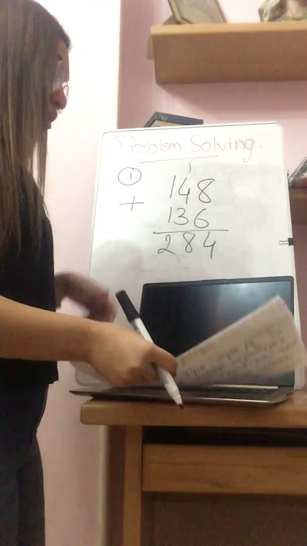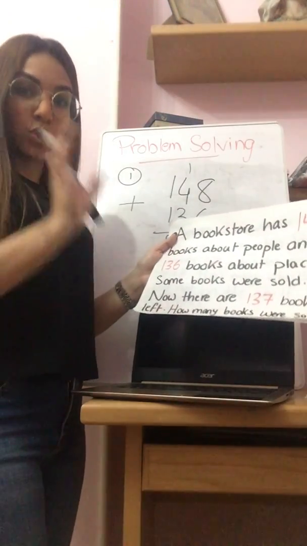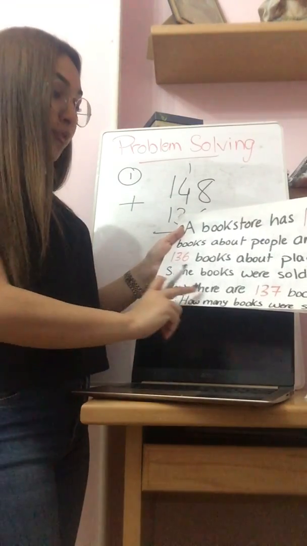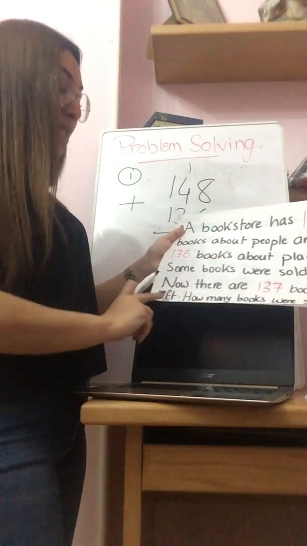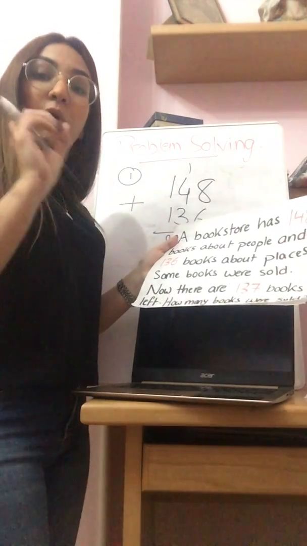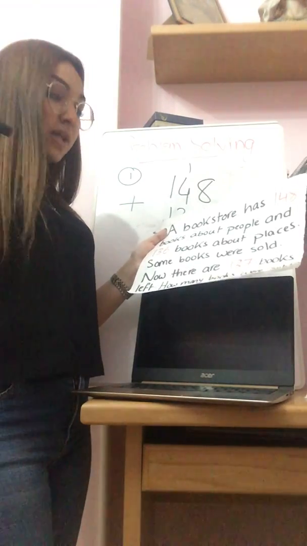So this is my total number of books in the bookstore. Now the question is, now there are 137 books left. How many books were sold? I want to know how many books were sold. What can I do in order to find out this number?